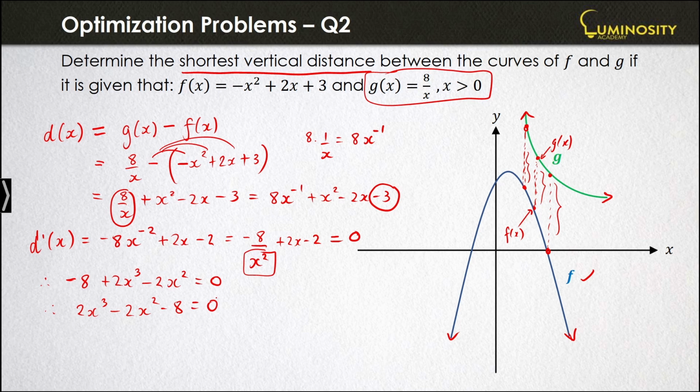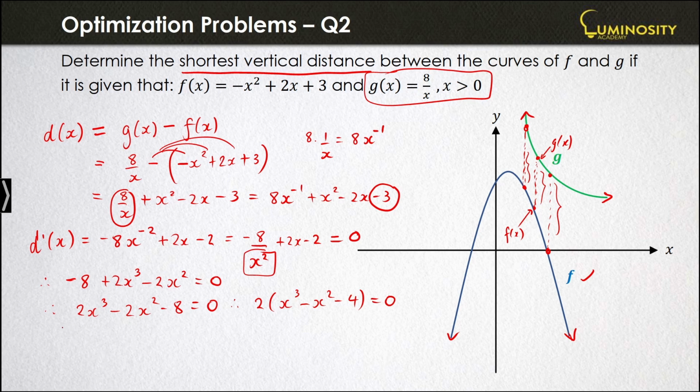Okay, I can further factorize that a bit. I can pull out a 2, so that'll become x cubed minus x squared minus 4 equals 0. Remember, the goal is to solve for that variable x here. Then that'll give us the x coordinate that gives the shortest vertical distance between those two functions.